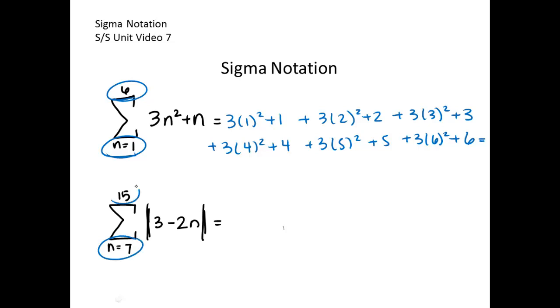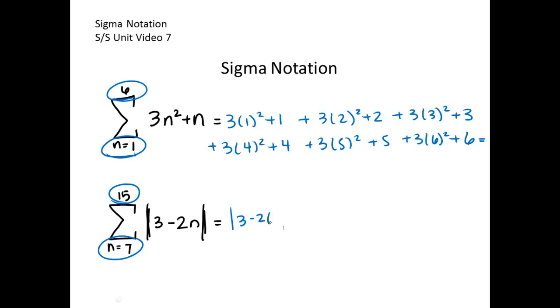All right, last one. We're going to start at n equals 7 and end at n equals 15, and I'm using absolute value here. So remember, absolute value just takes whatever's inside, and the outcome of that is positive. So let's go ahead and just expand it together, and I'll let you simplify it on your own.